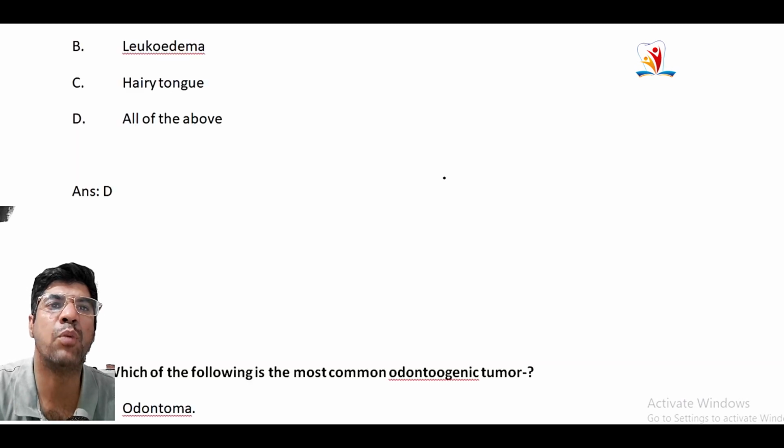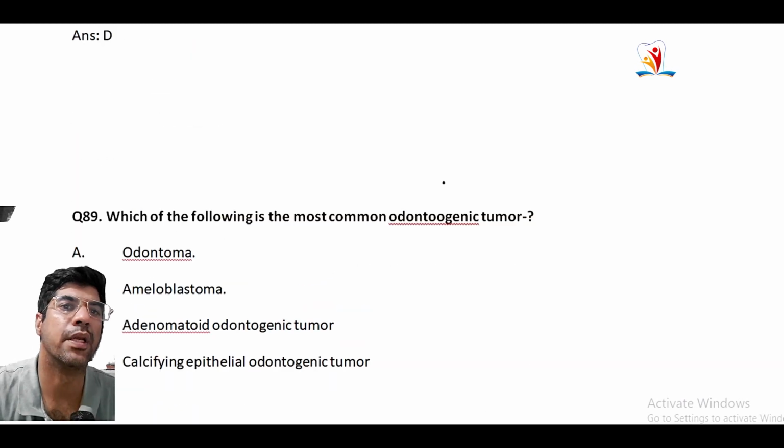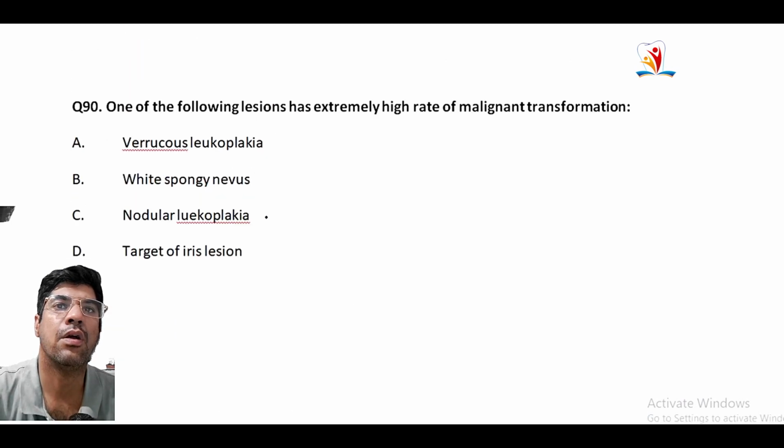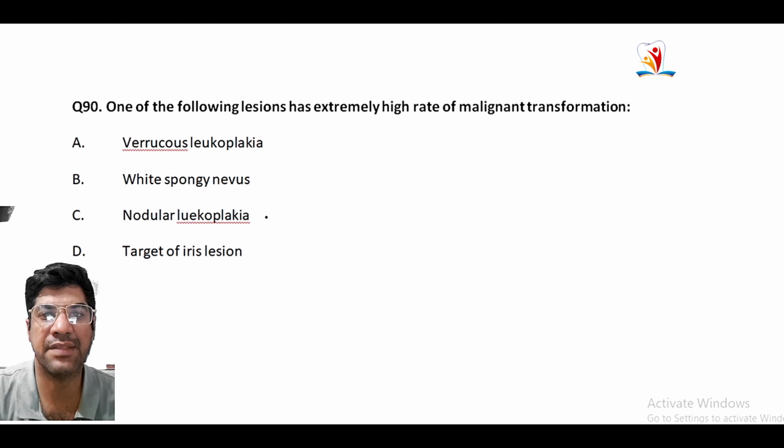Which of the following is the most common odontogenic tumor? Well, it is odontoma. Odontoma is the most common odontogenic tumor. So odontomas are more commonly encountered in clinical practice than ameloblastoma. Which of the following lesions has an extremely high rate of malignant transformation?